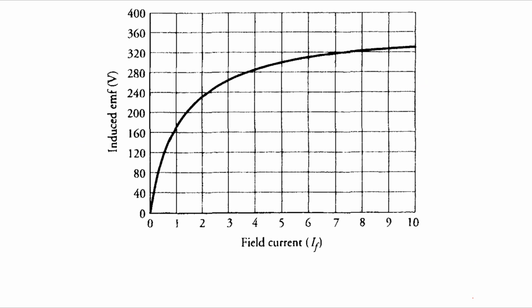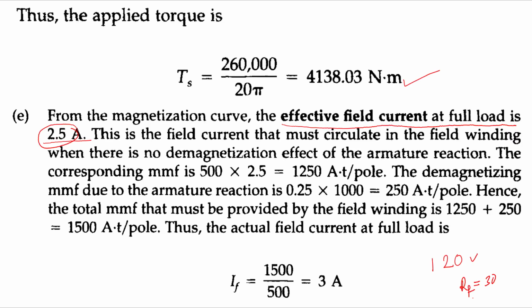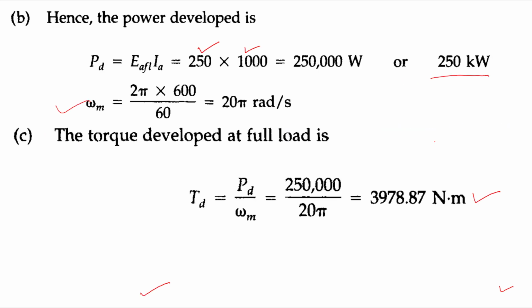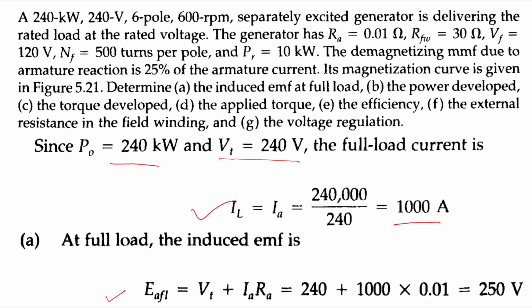So from the magnetization curve, we need to find this. So this is your magnetization curve. Now the voltage is given, VF is 120 volt, right? And NF is 500 turns. RF is given, 30.